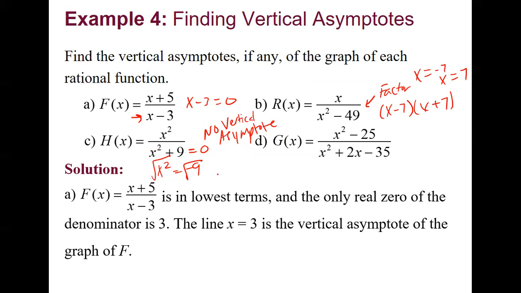All right. Last, D, we have x squared minus 25 divided by x squared plus 2x minus 35. Yesterday, we talked about this as an example where you need to factor the numerator and the denominator, right?